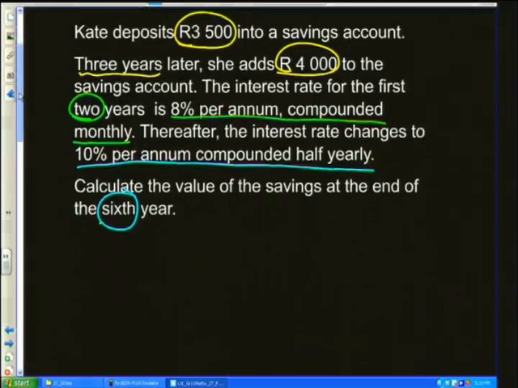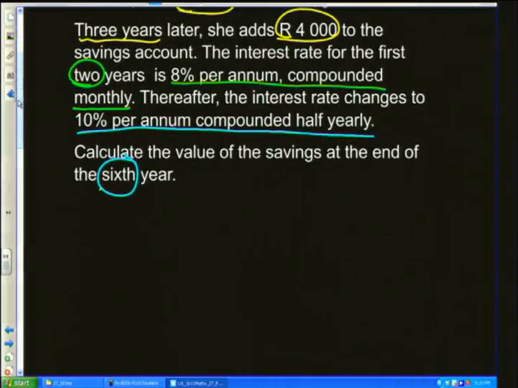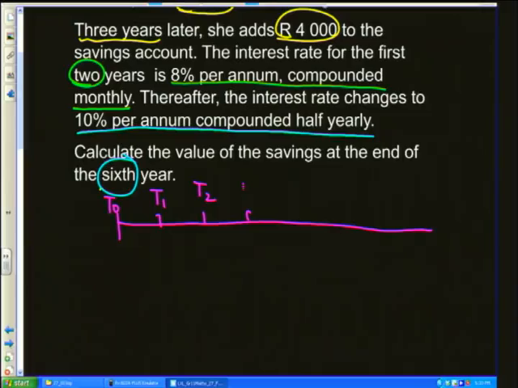Okay, grade 11s, I think it's useful to always set up a little timeline that indicates the period over which we are working. So we make a deposit at T0, and then that takes me to the first year, to the second year, to the end of the third year, end of the fourth year, end of the fifth year, end of the sixth year.